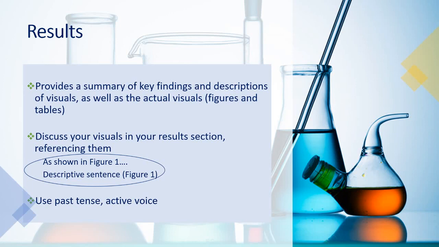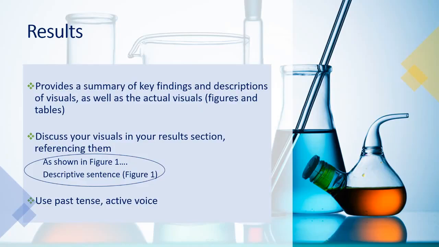For example, writing that as shown in figure 1, or even including a descriptive sentence and putting into brackets figure 1 or figure 2 or whatever figure you want to reference in the write-up. You would also want to always communicate your results in the past tense and in the active voice.